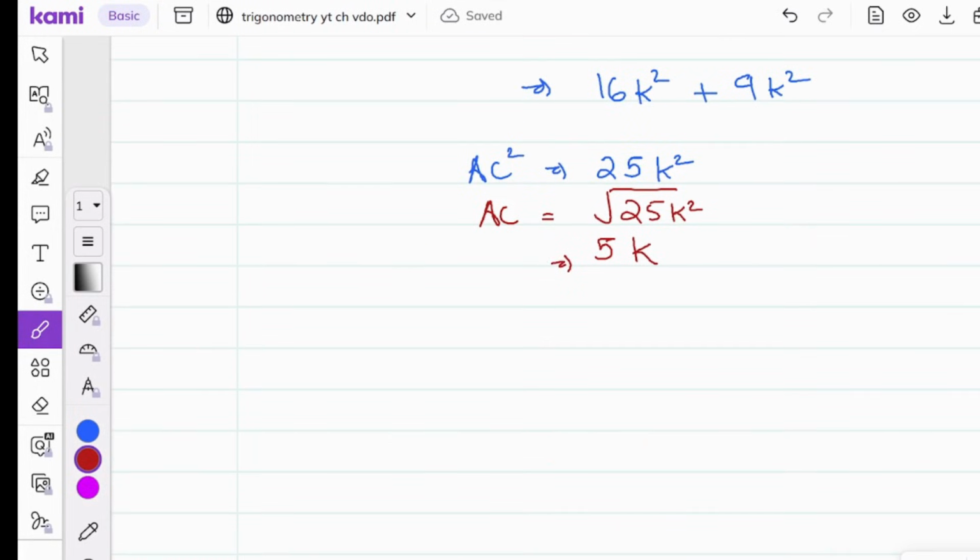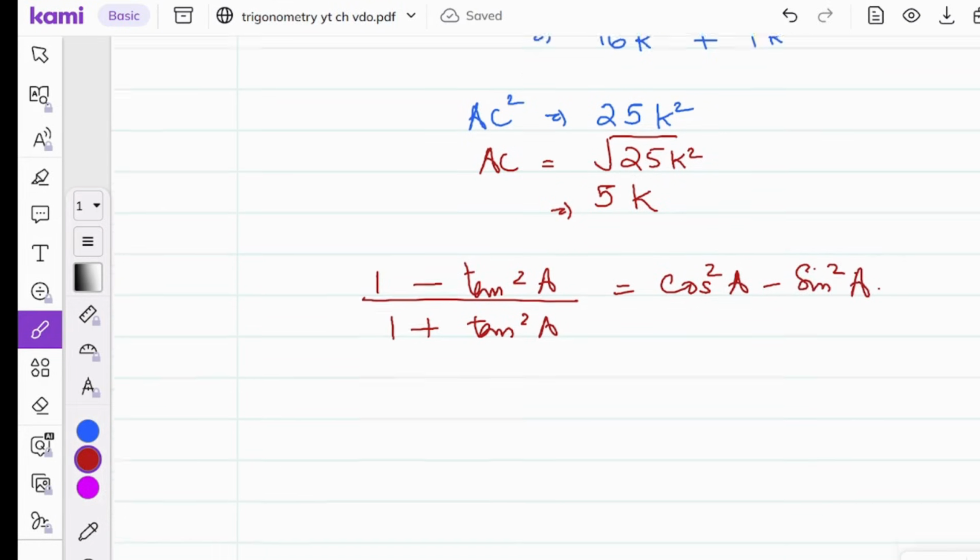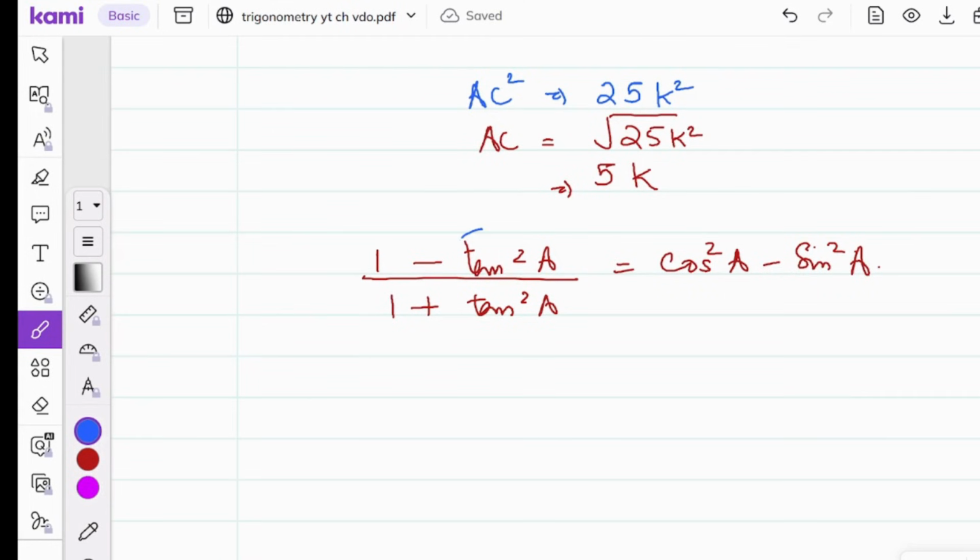I have to check whether 1 minus tan square A divided by 1 plus tan square A equal to cos square A minus sin square A, right? So what all things do I need to find here? I need to find tan A, then cos A, then sin A. So let me first find out those values.